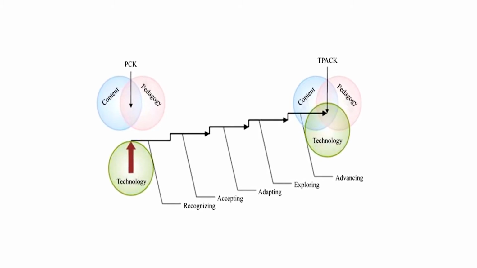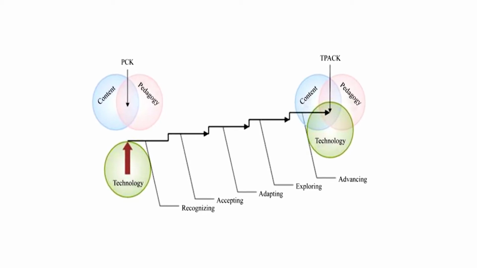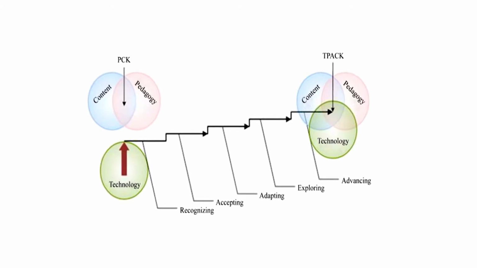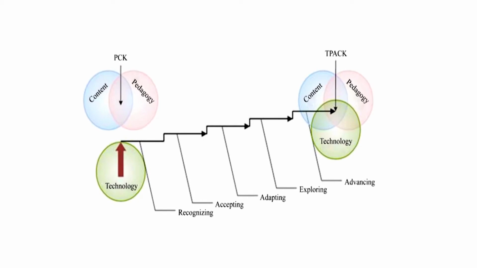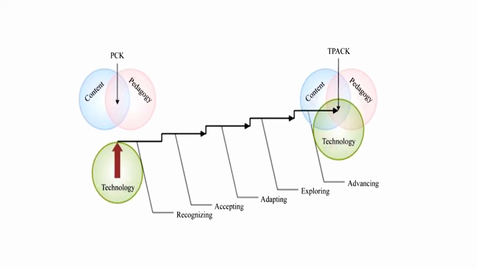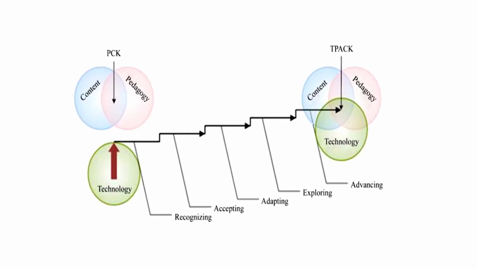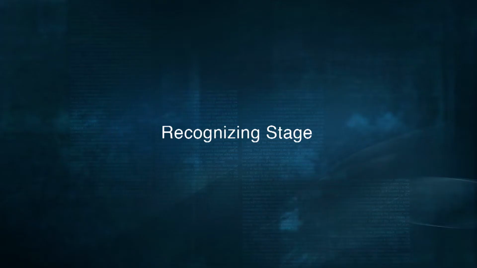As the teachers progress through the model, their TPACK is enhanced. The figure also illustrates how the constructs of content, pedagogy and technology intersect through progression in the different stages of the TPACK developmental model. Recognizing stage.